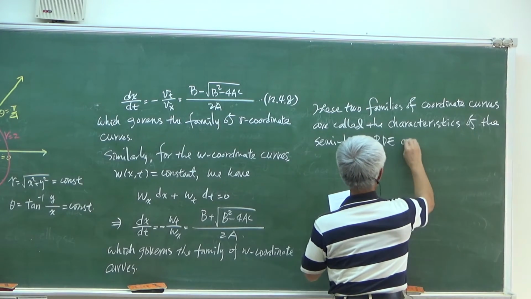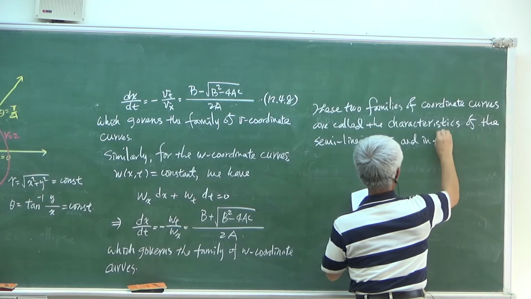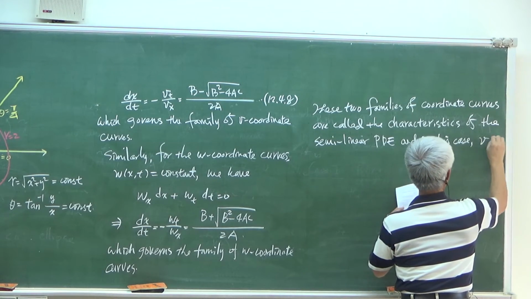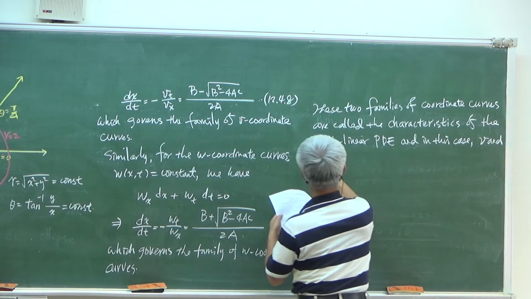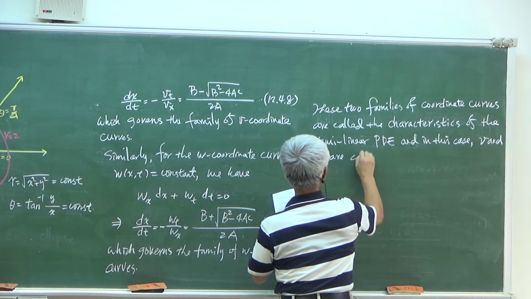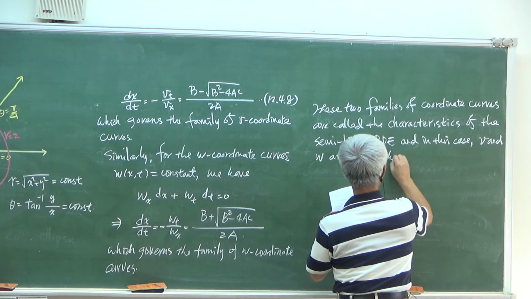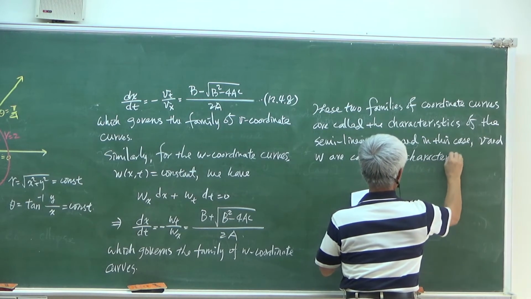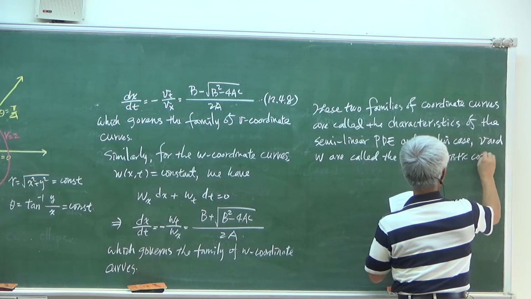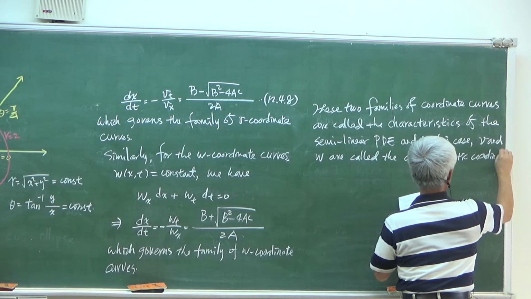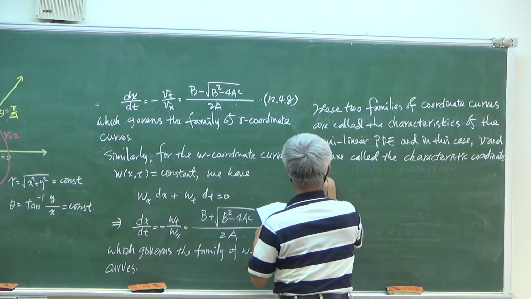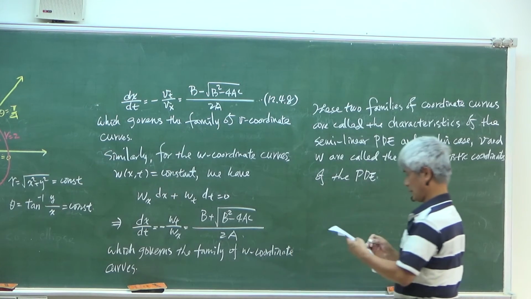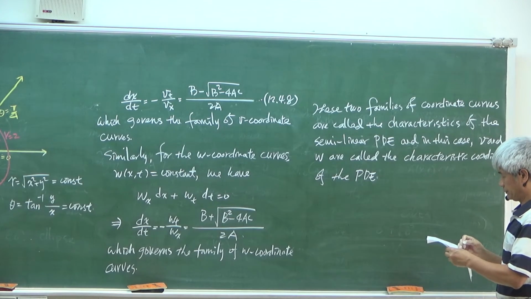And in this case, V and W are called the characteristic coordinates of the PDE.